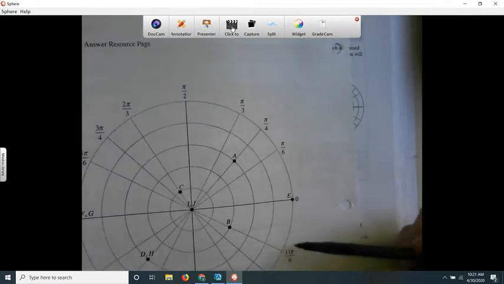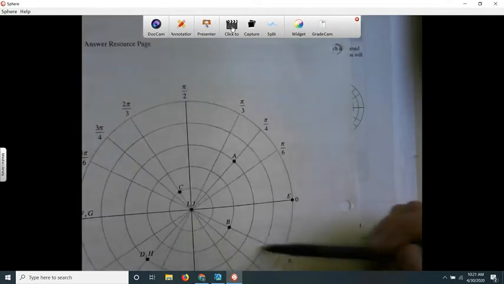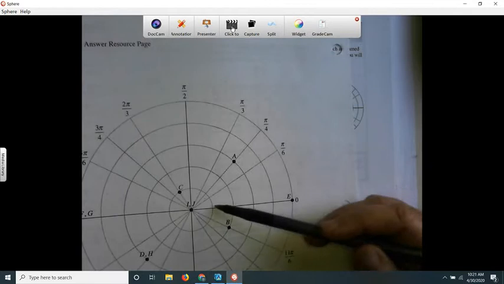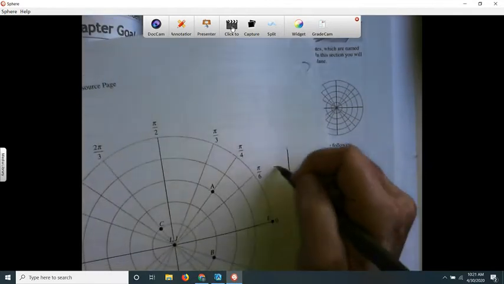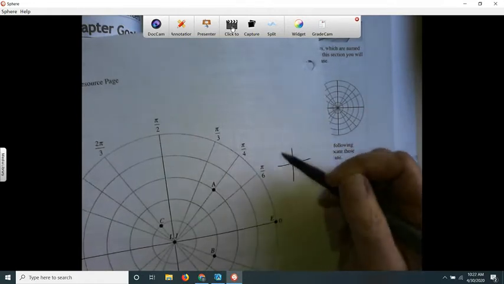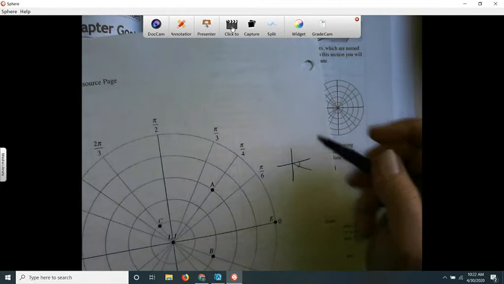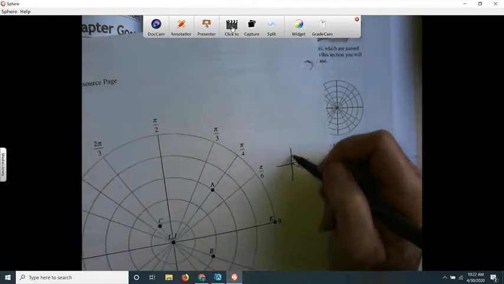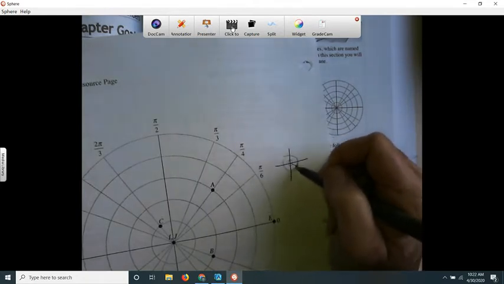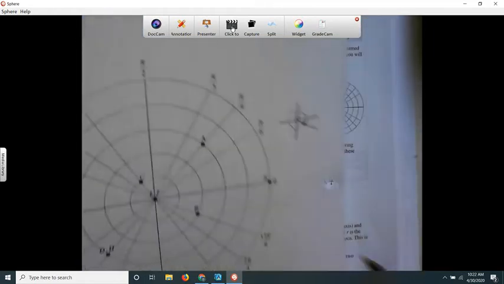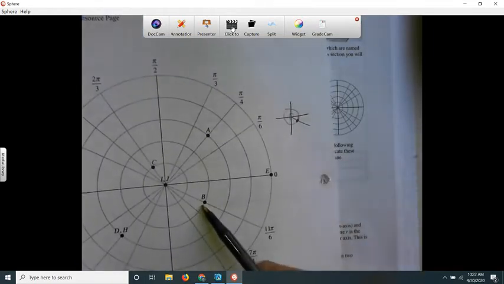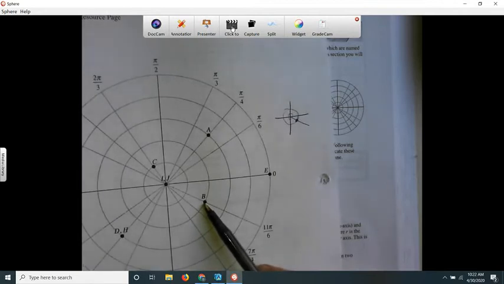This is kind of nice because it's got the angles there for you, but if you didn't have this, you could still show that you went that way by pi over 6, and then you can show that you want 2 radii, so you go 1, 2. Okay, so you can just draw this on your paper. So that's (2, negative pi over 6).